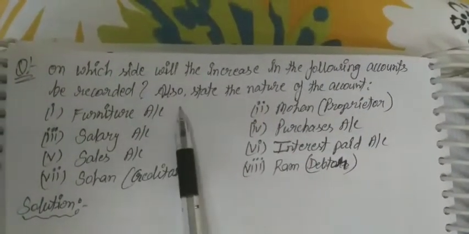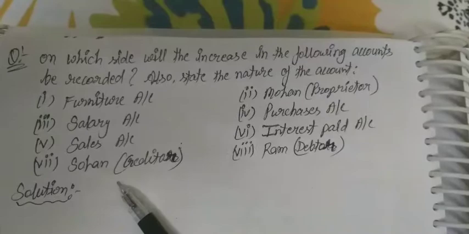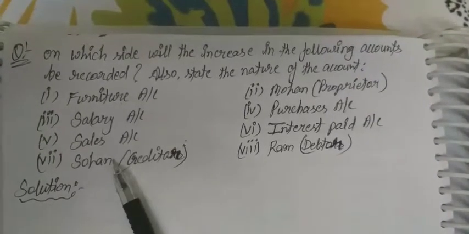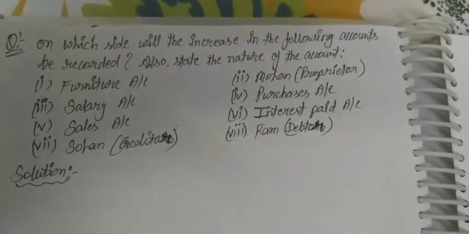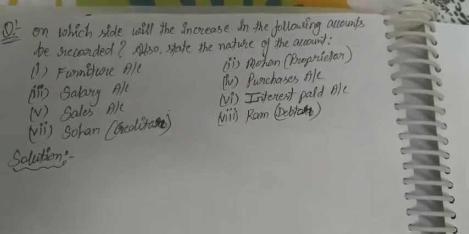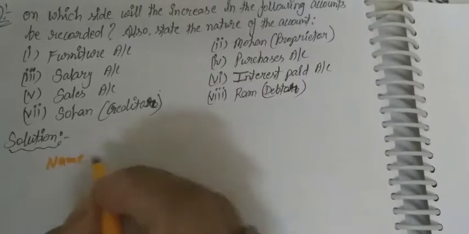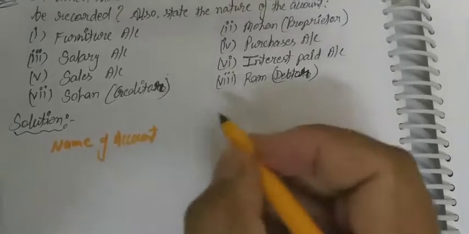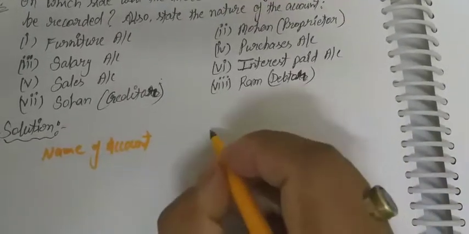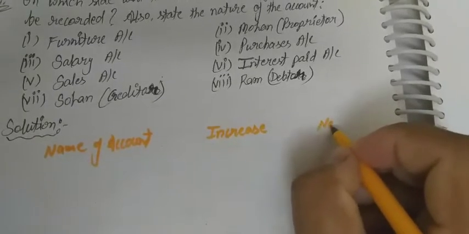Be recorded. Also state the nature of the account. These accounts are written over here. So these accounts and their nature we also have to confirm. So we will do the solution of the question according to: first the name of account, then increase on which side, and then nature.